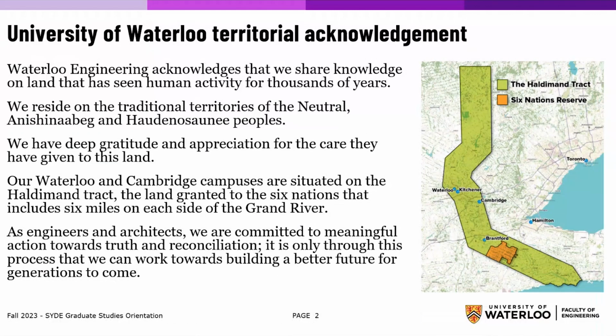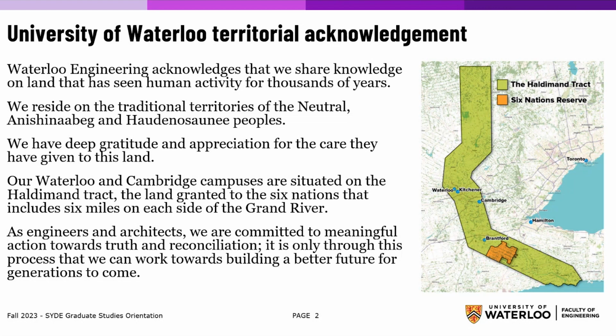So the first thing I'd like to do is our territorial acknowledgement. You will probably see this in a number of meetings and classes that you attend. This is to acknowledge that we share our knowledge on land that has seen human activity for thousands of years. We reside on the traditional territories of the Neutral, Anishinaabe and Haudenosaunee peoples. We have deep gratitude and appreciation for the care that they have given our land.